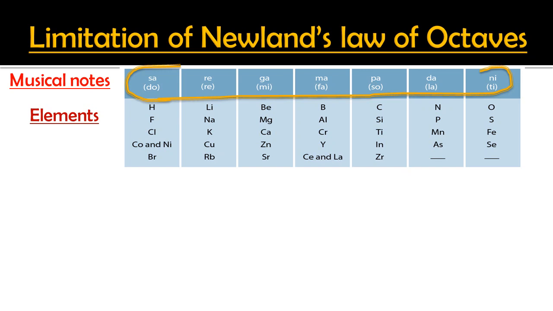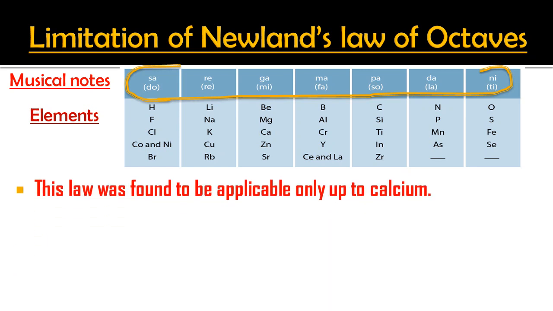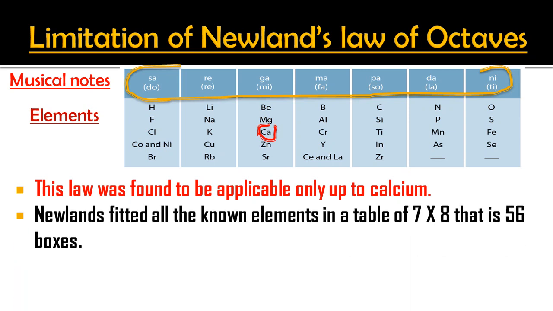Below you can observe the different elements which were known at the time of Newlands. This law is applicable only till calcium, and after calcium this law is not applicable. So there are many limitations.